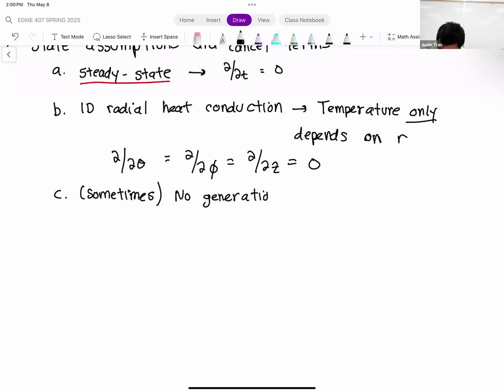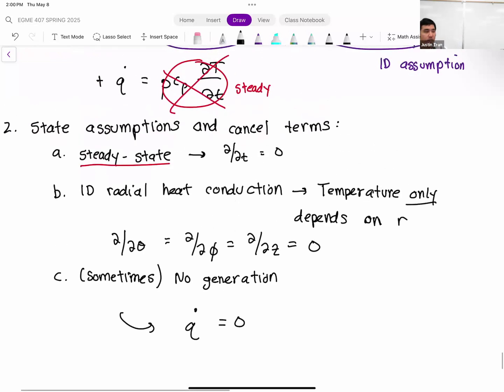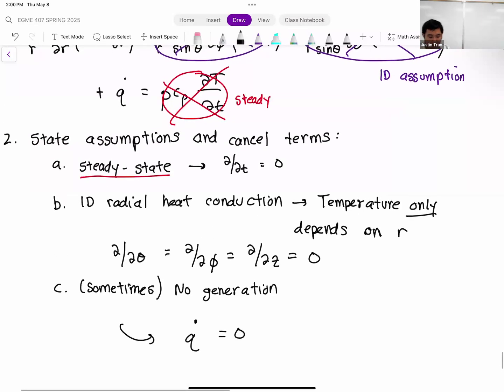And so in those situations, you're going to set the generation term, which is Q dot, equal to 0. Now, usually for these problems, the problem will tell you explicitly if there is thermal generation. And so if the problem does not say anything, you can usually assume that there's no generation.